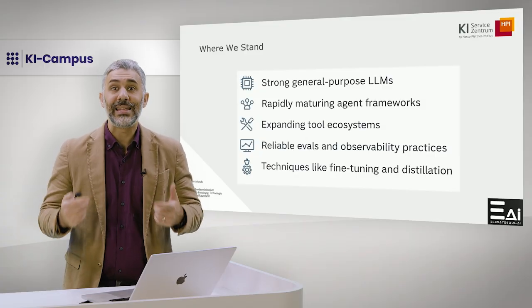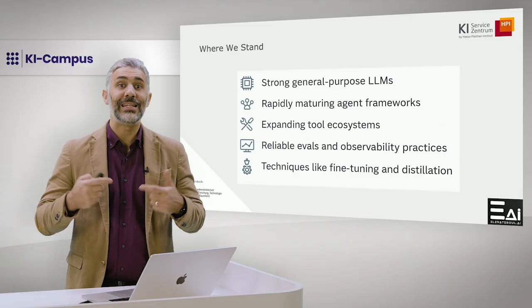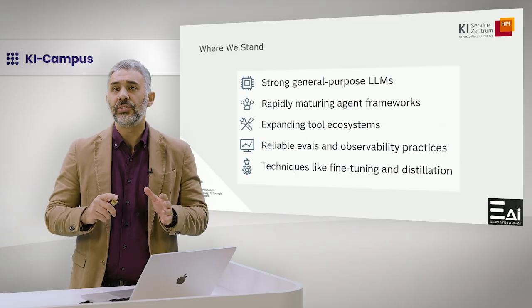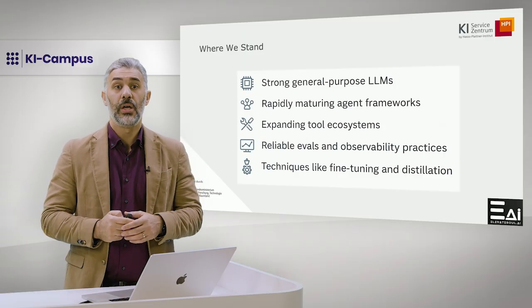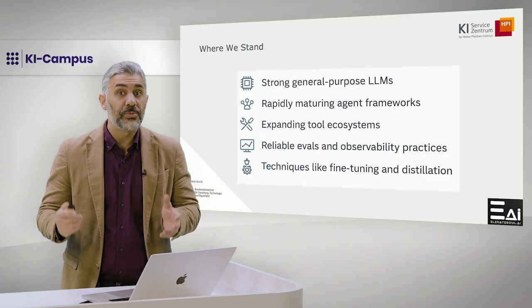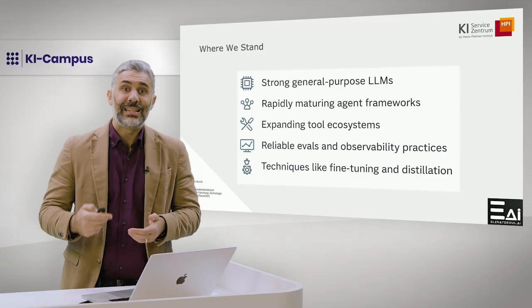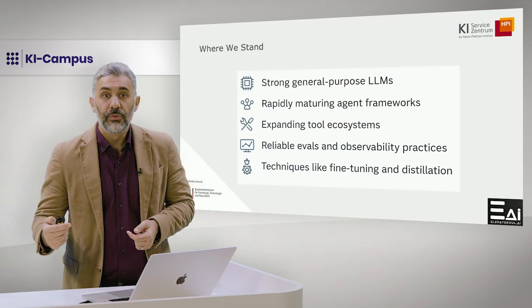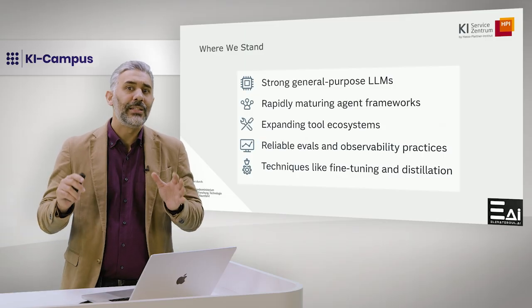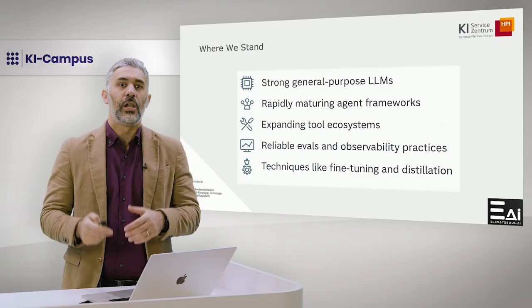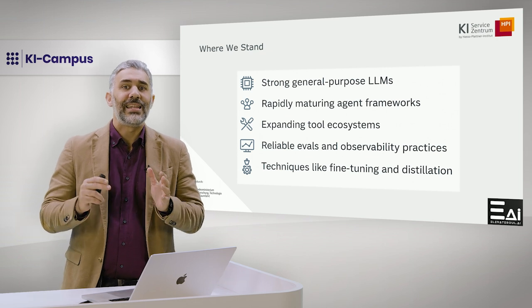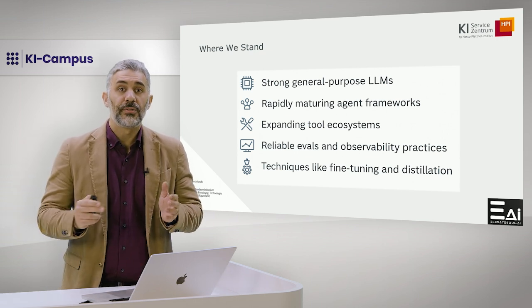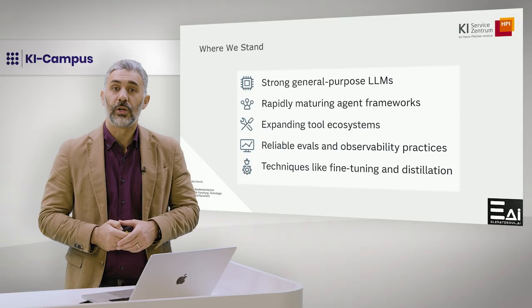We have an expanding ecosystem of tools and integrations that allow agents to interact with real systems. We have evaluation and observability practices that make agent behavior measurable and improvable. And we have model adaptation techniques like fine-tuning and distillation that let us shape models for specialized domains and real-world needs.